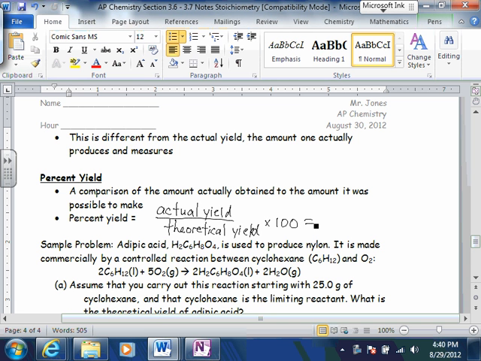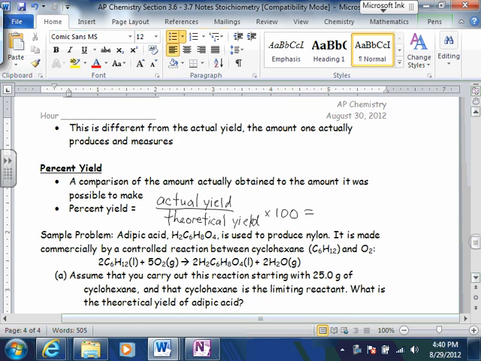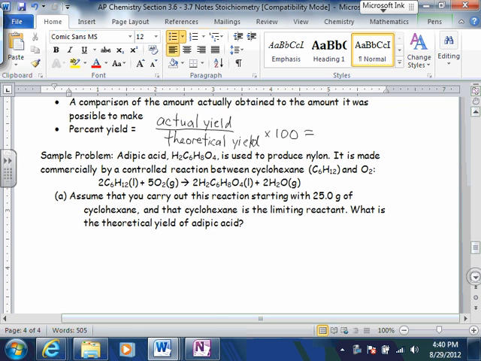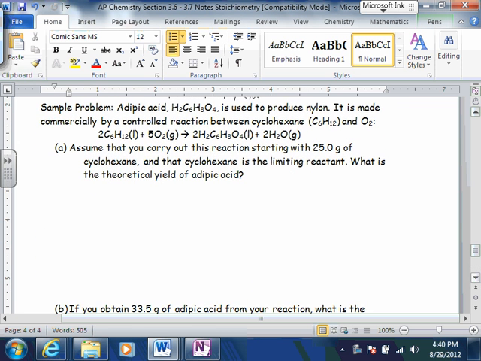So sample problem here. Let's look at this. I'm not even sure how to pronounce this. Adipic acid used to produce nylon. Okay? And it shows the reaction that's used to produce the acid. And then they're asking, let's say that we start with 25 grams of cyclohexane, and the cyclohexane is the limiting reactant.